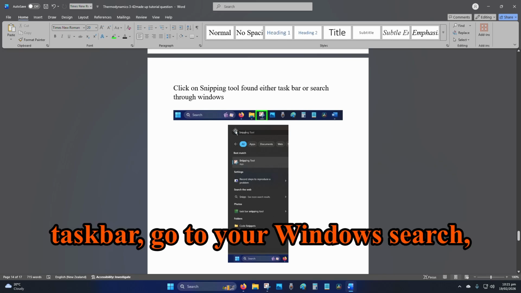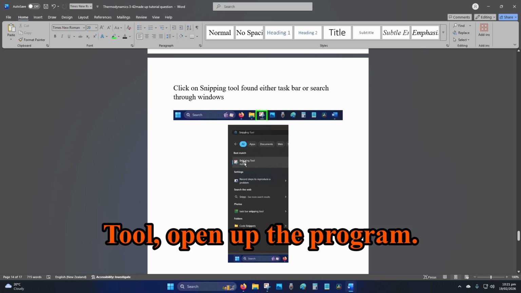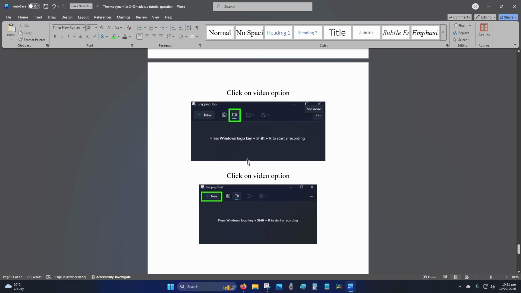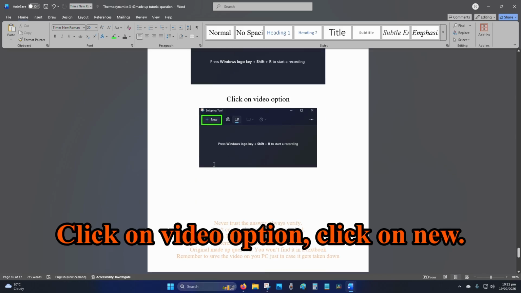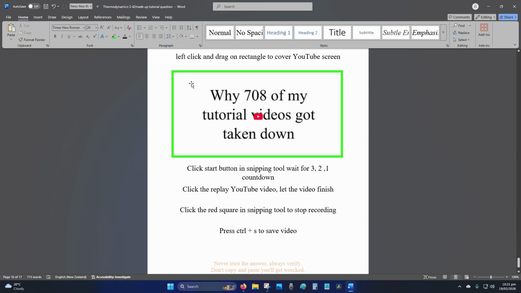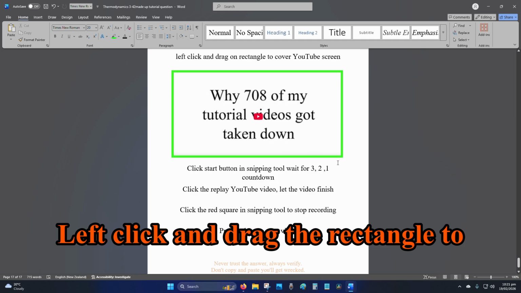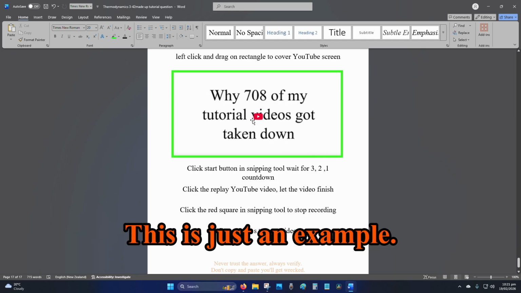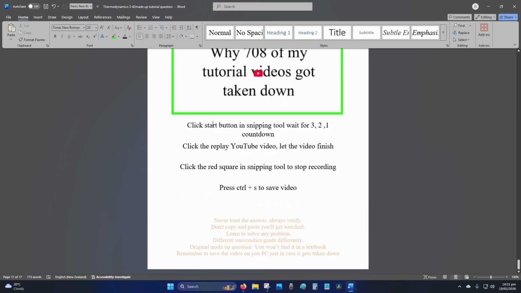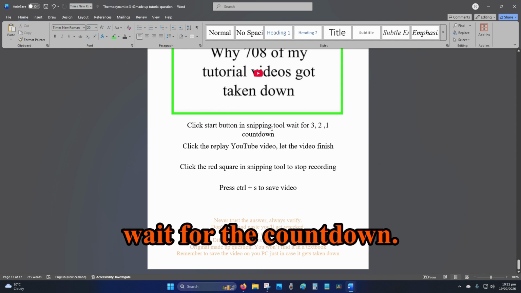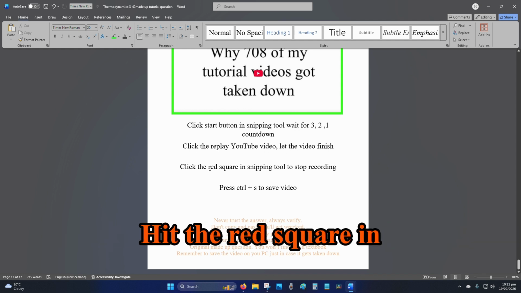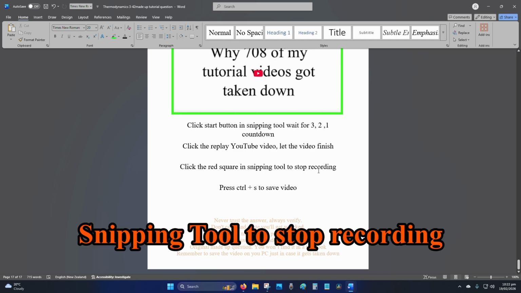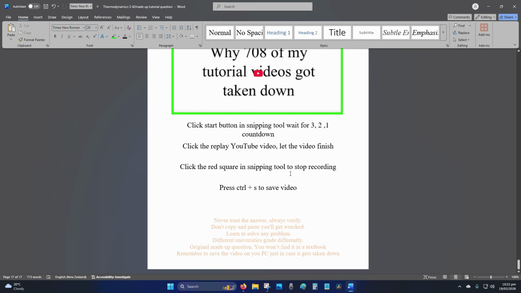If it's not in your taskbar, go to your Windows search, type in Snipping Tool, open up the program. Click on Video option, click on New. Left click and drag the rectangle to cover the YouTube screen. This is just an example. Hit the start button in Snipping Tool, wait for the countdown, hit the replay button on YouTube, let the video finish, hit the red square in Snipping Tool to stop recording and then save your video.